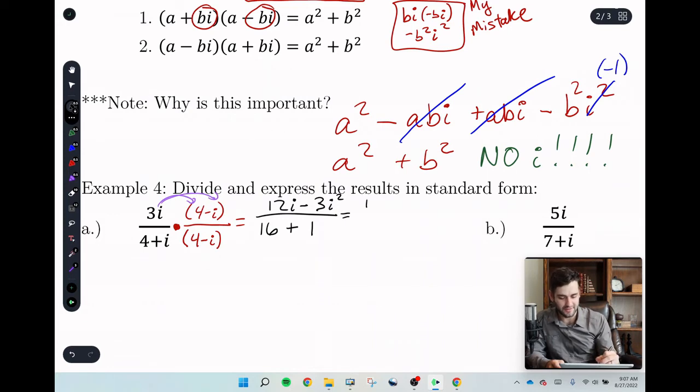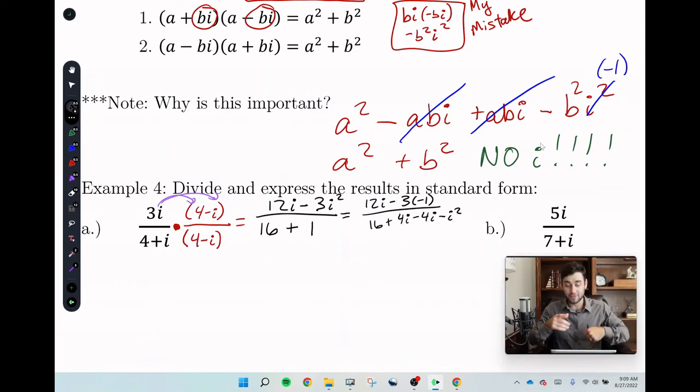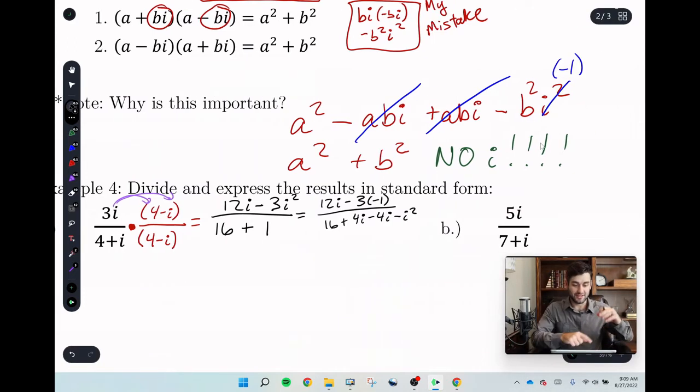So this is going to be 12i minus 3 times negative 1 over 16 plus 1, which is just 17. We got there because the two middle terms, plus 4i minus 4i, canceled out, and that i squared, which is literally just negative 1, turned into a positive 1. That's where we got it from.